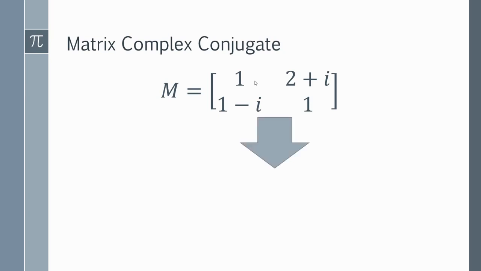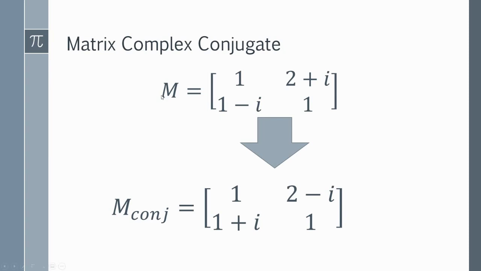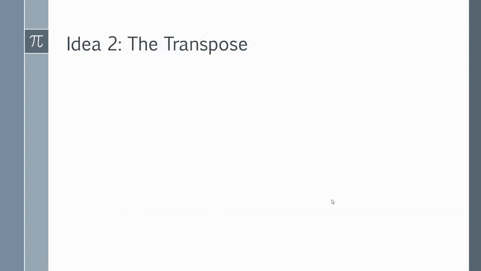And so if we find the complex conjugate of this, we can say we've got a matrix M. The complex conjugate of M is simply going to be: the 1 and 1 are unchanged, this minus becomes a plus, this plus becomes a minus. Really very simple.